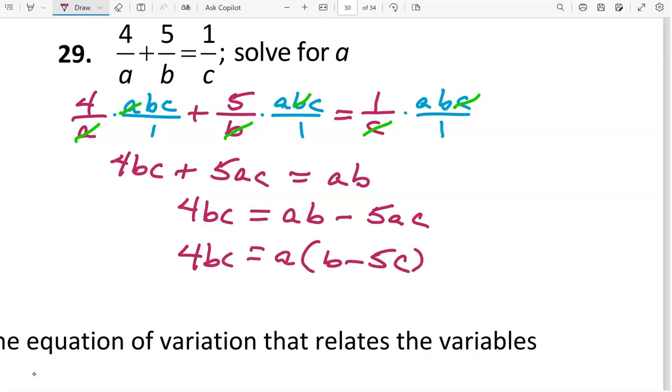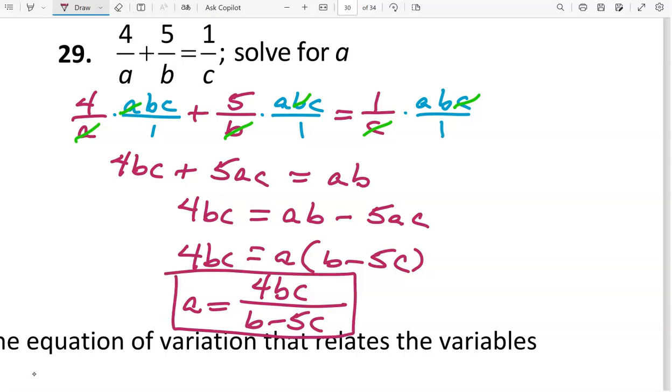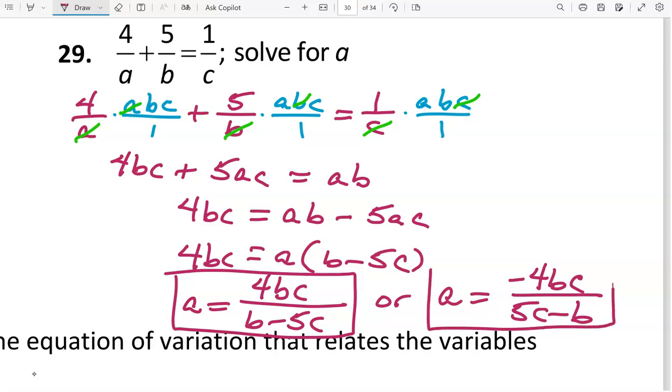If we divide both sides by b minus 5c, then we get a is equal to 4 times b times c divided by b minus 5 times c. That is one acceptable answer, but another one is a equals negative 4 times b times c divided by 5c minus b. Both are acceptable answers. It just depends upon which side of the equation you moved things to.